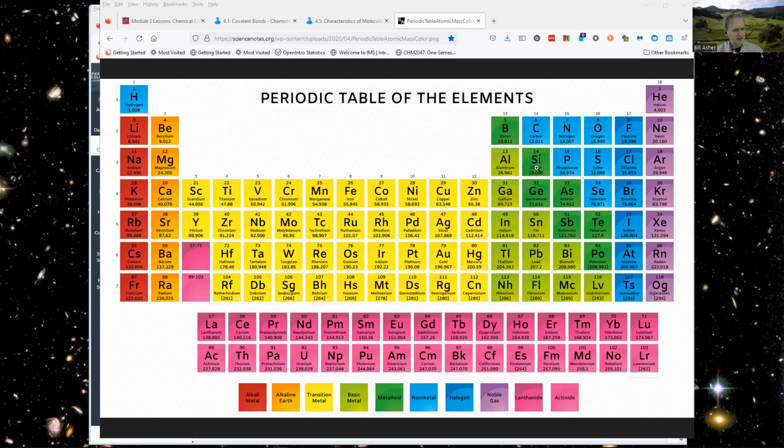In ionic compounds, the distinction is electrons are transferred from one atom to the other. In covalent compounds, there's no transfer of electrons; the atoms share electrons. And I'll show you what that looks like when I turn on my whiteboard. So that's what we're talking about in terms of covalent compounds. And remember, it's just these nonmetals.